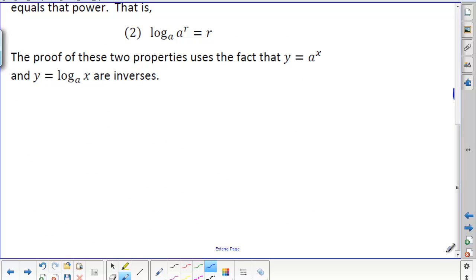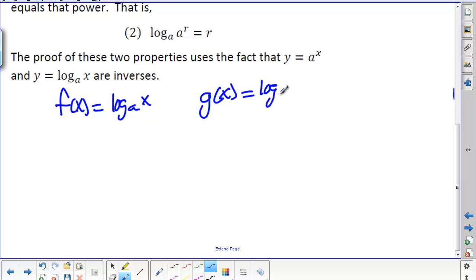And again, this just goes back to the fact that these are inverses of each other. Now we can show that these two properties are true if we take f of x to be log base a of x and g of x to be a to the x.